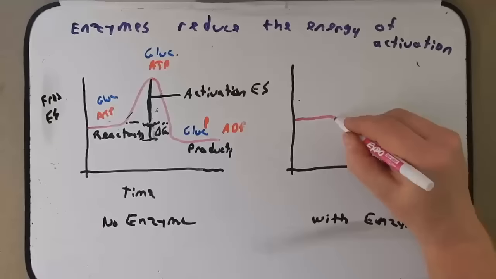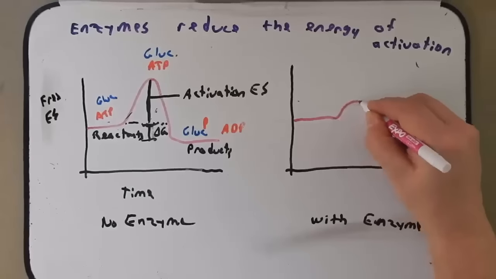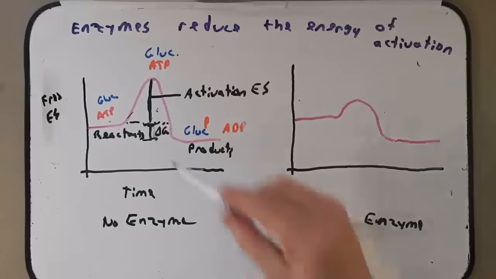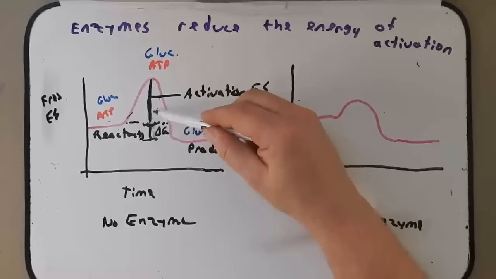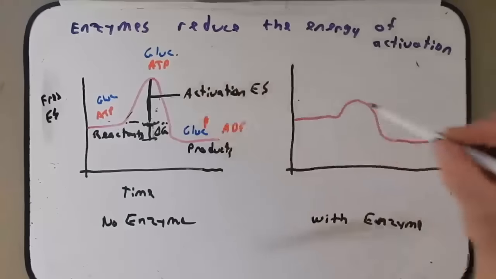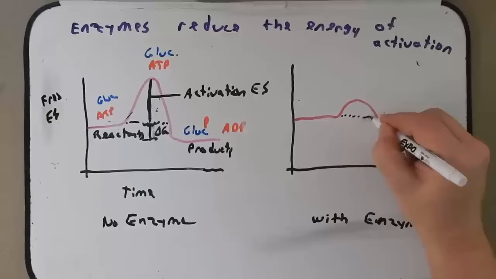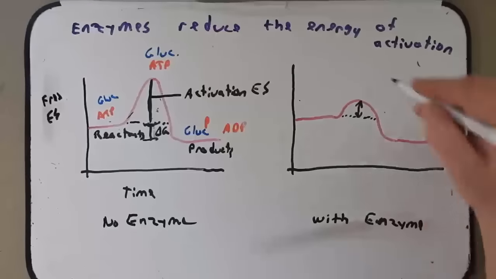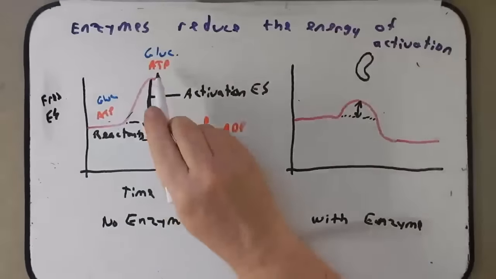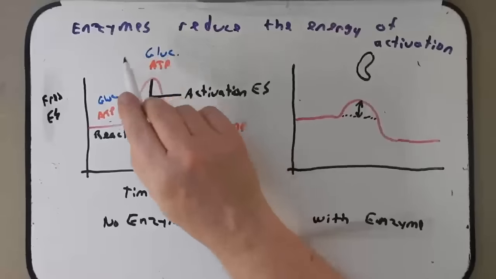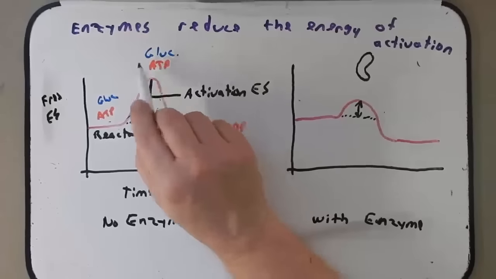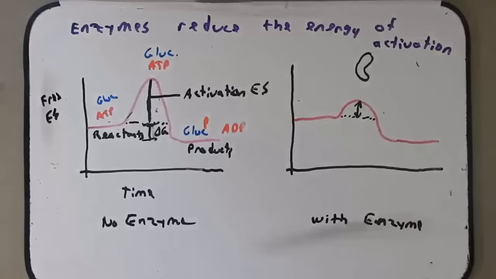So what an enzyme does is it lowers that activation energy. Over here we had this very high amount of energy that was required, and over here we have a much lower amount. And the reason it takes less energy with an enzyme, because remember, over here this transition state wasn't being facilitated by an enzyme, whereas over here it is.